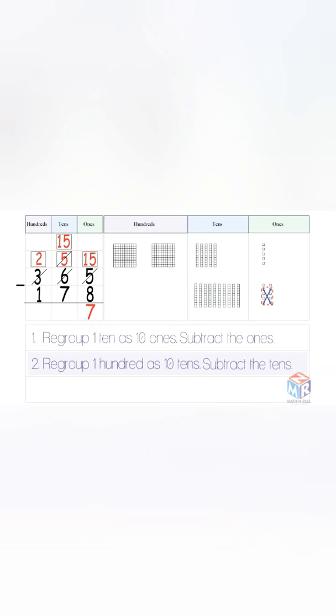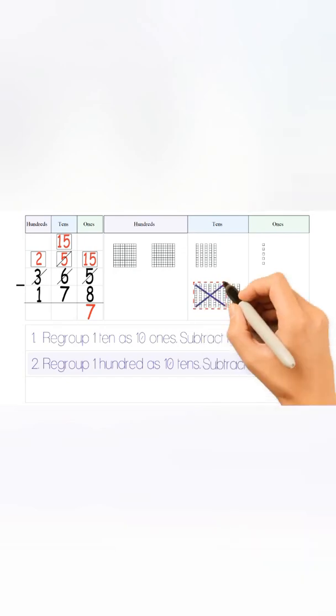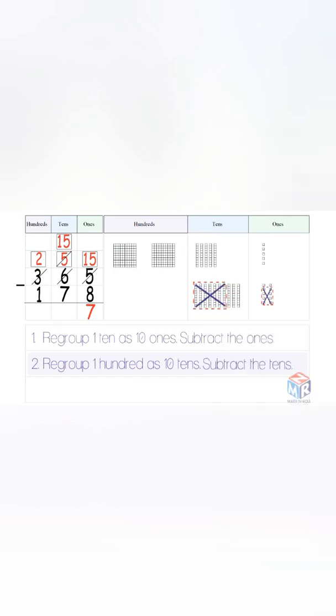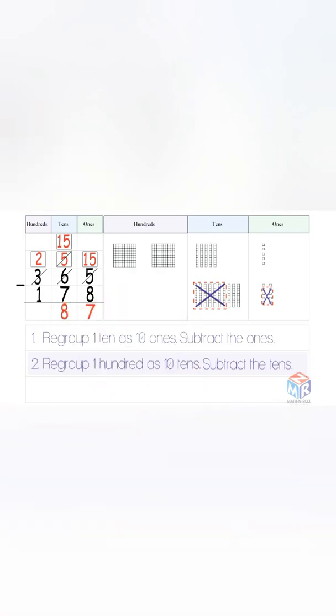Subtract the tens. 15 minus 7 is equal to 8. Finally, subtract the hundreds. 2 minus 1 is equal to 1. So 365 minus 178 is equal to 187.